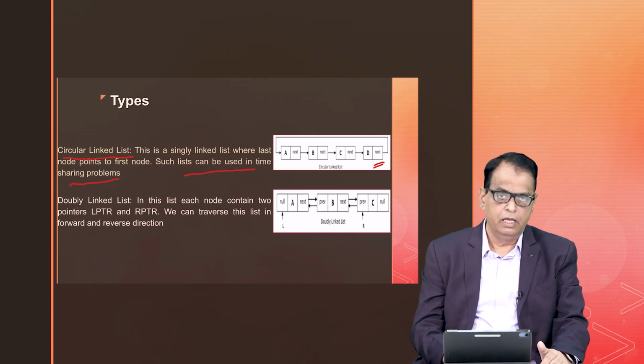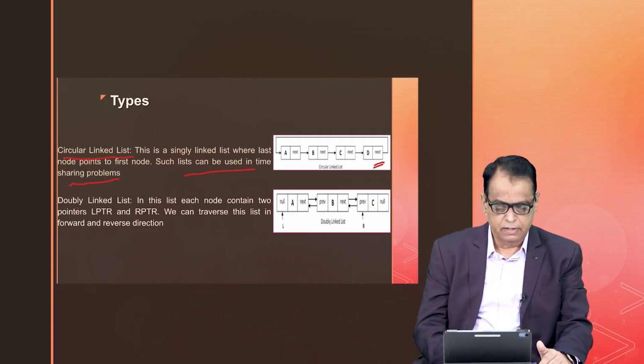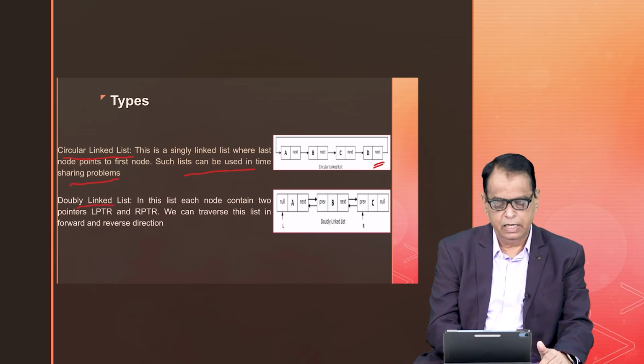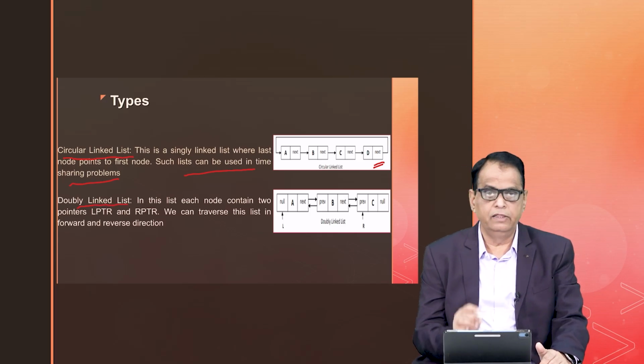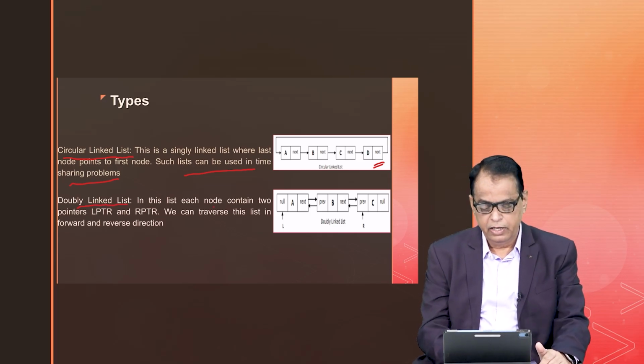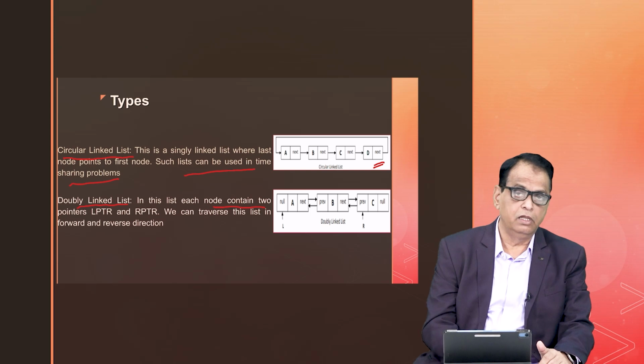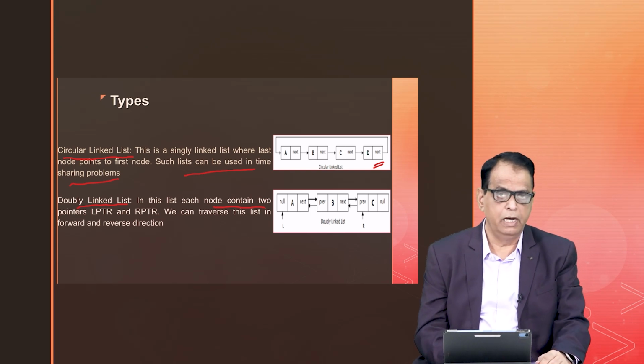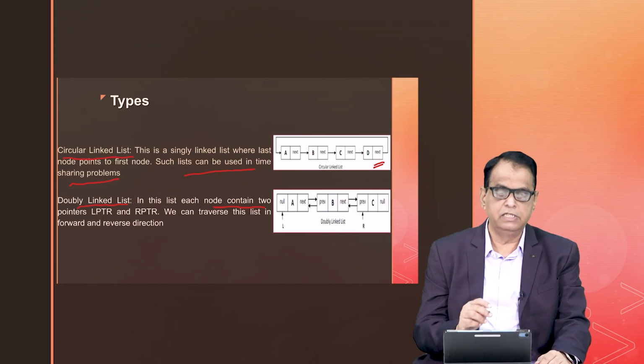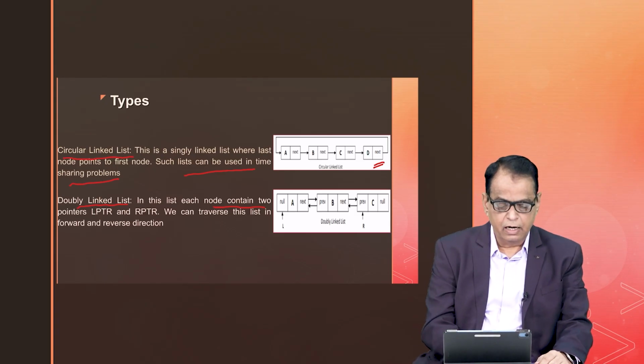There is another type of linked list, called a doubly linked list. In the doubly linked list, each node will contain two pointers. Normally there is only one pointer in the linked list, but this is a doubly linked list where there are two pointers.